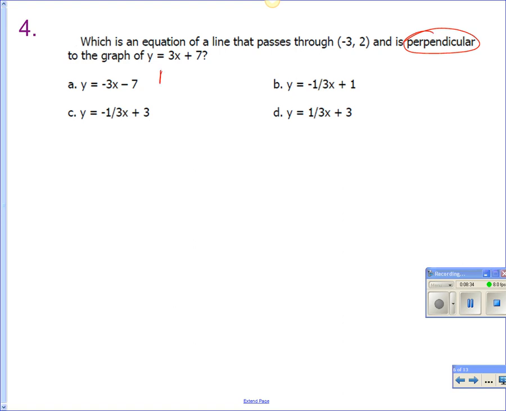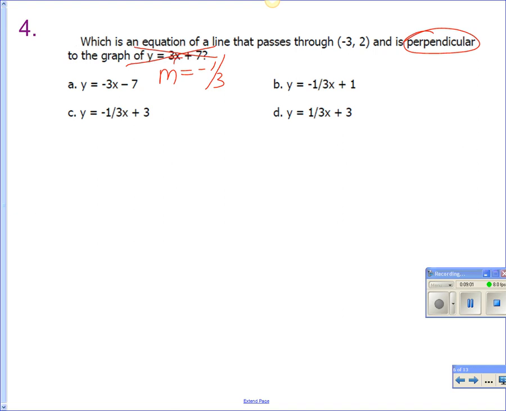Okay? So guys, I'm going to write m equals. Andrea, what do you get when you flip and change that right there? 3/1. What does it become? Good. And then guys, mark it out so it doesn't confuse you. So m is -1/3, and then you mark it out.